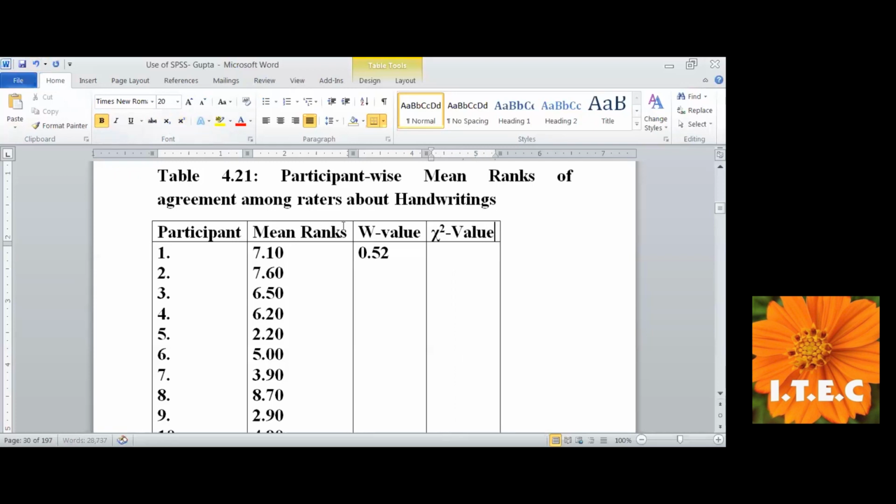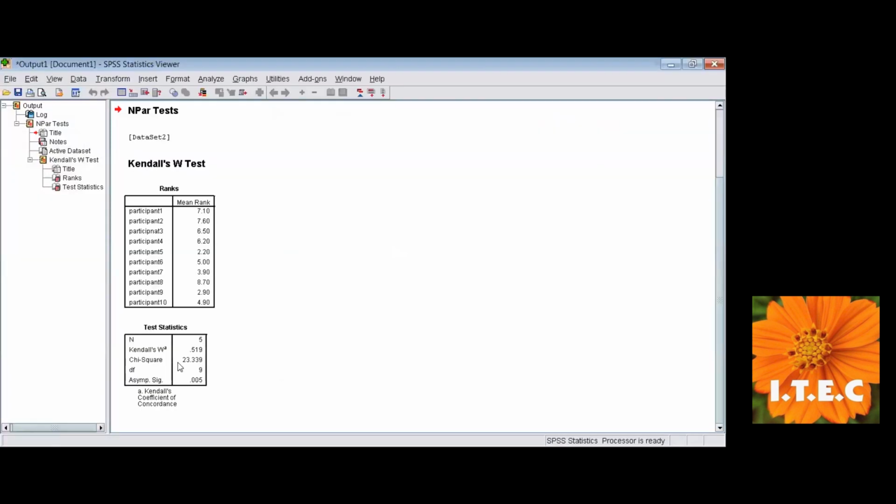And here the chi-square value, you can see, is 23.339. So 23.34.